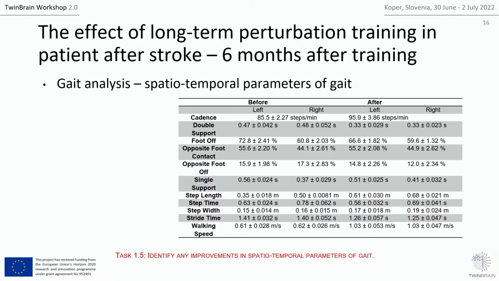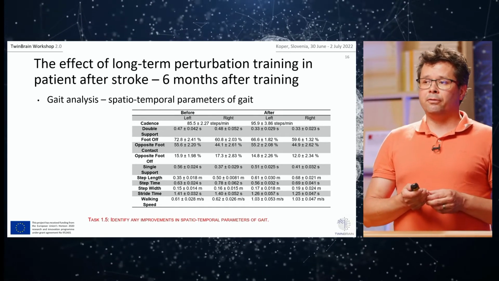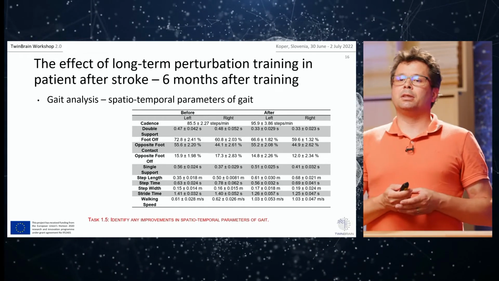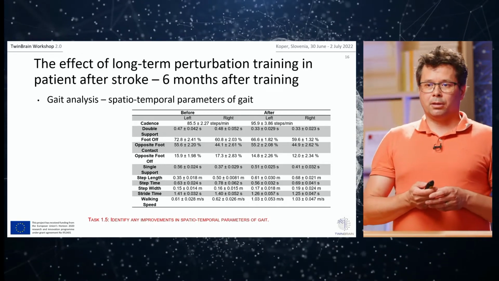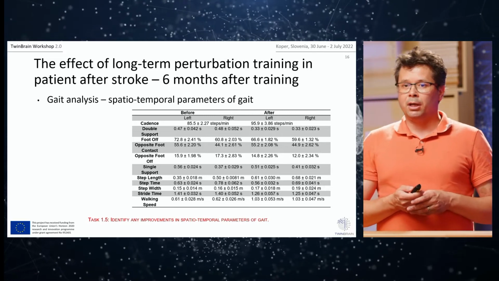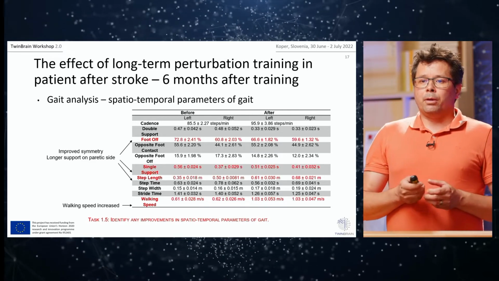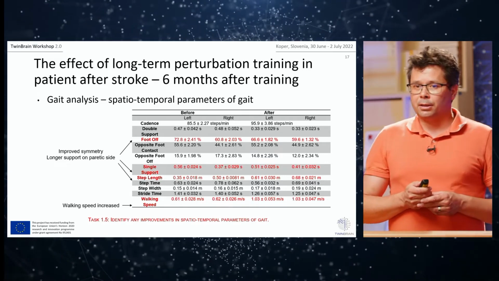So let's look at the spatiotemporal parameters of gait before and after the training, and let's try to identify how the improvements of gait reflect in the spatiotemporal parameters of gait. So what we notice is that the gait was faster.